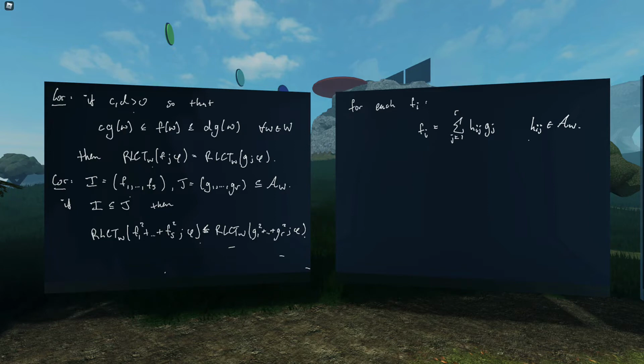Then by Cauchy-Schwarz, f_i squared is less than or equal to the sum of the squares of these h_ij's times the sum of the squares of the g_j's.